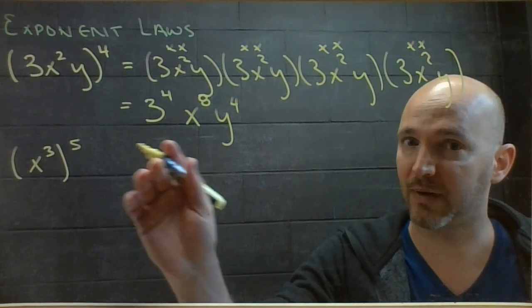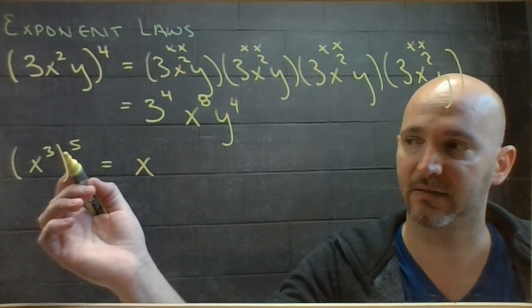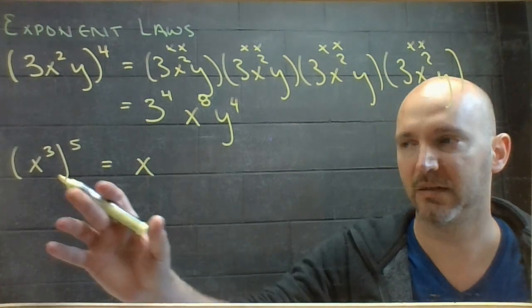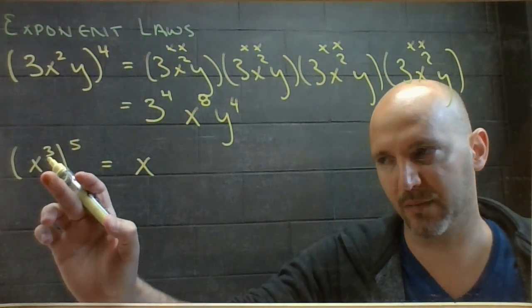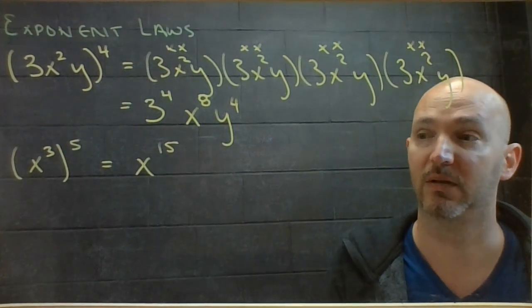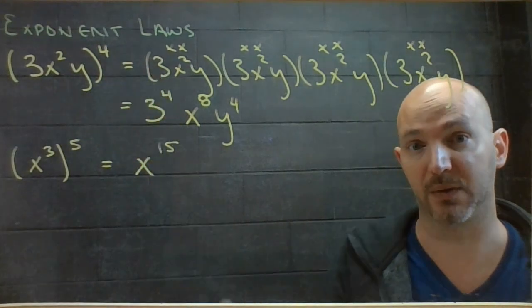So rather than write out that whole string, you can just shortcut by thinking about how many x's there would be. Right? A triple x written 5 times makes 15 x's in total. And you're allowed to shortcut that way. That's one of these exponent laws.